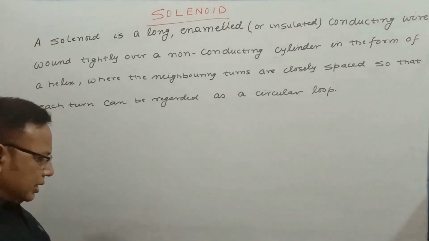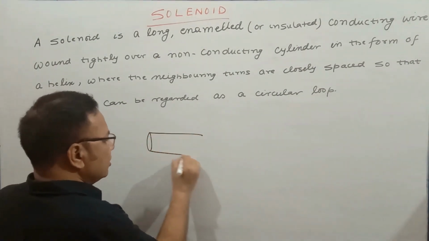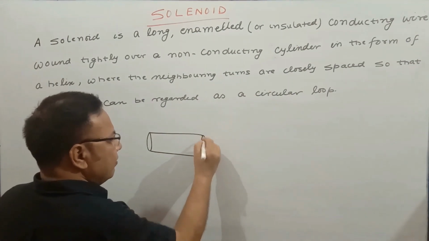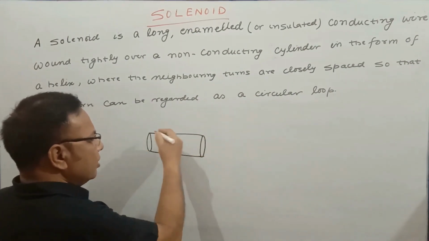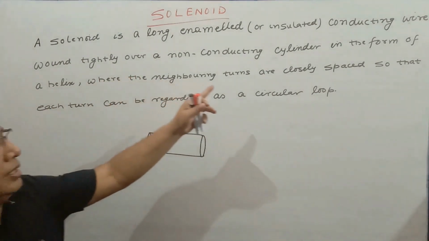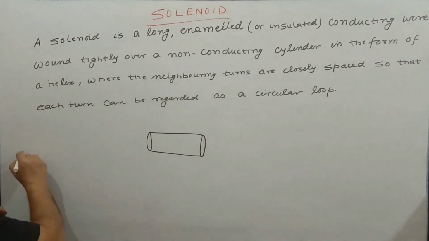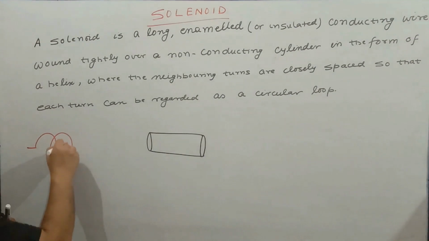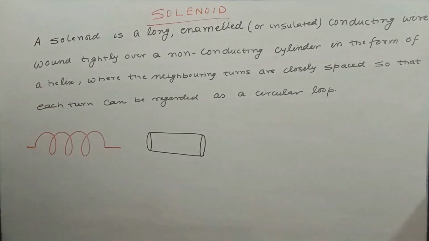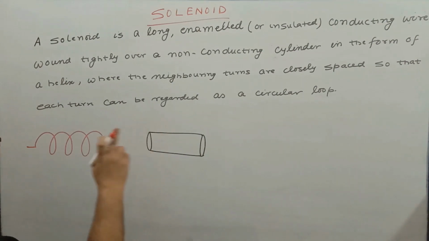First, a non-conducting cylinder is taken, over which a given long wire is wrapped just near to one another in the form of a helix, just like a coil. This shape is called helix. Here the neighboring turns are closely spaced so that each turn can be regarded as a circular loop.